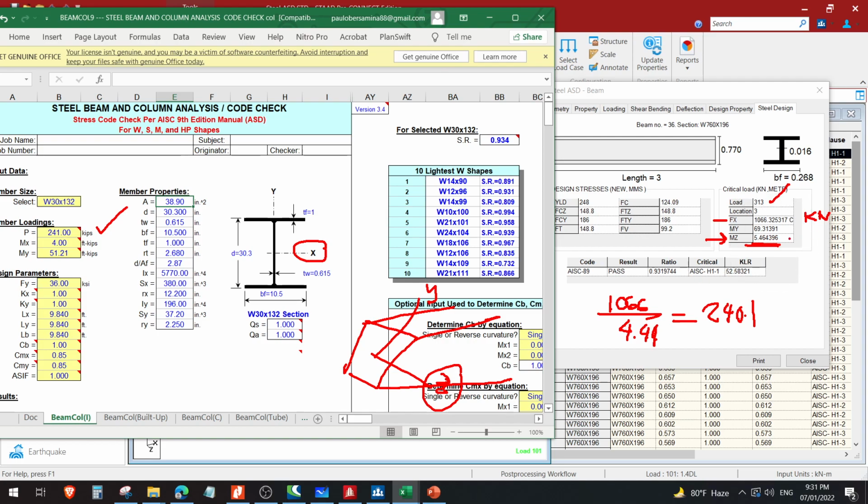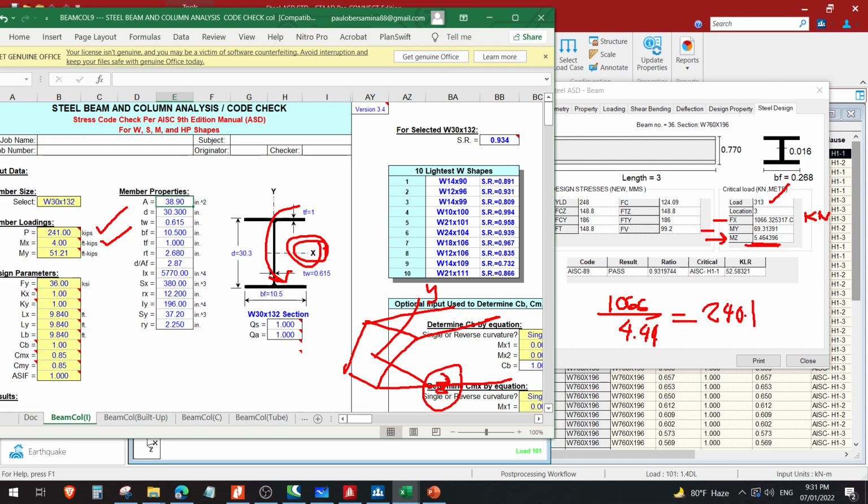So, upon converting into kip-feet, that is only 4 kip-feet. Kip-feet. So, ito yun. Nilagay ko siya sa MX. Yan, MX. Maliit lang, no? So, you can imagine, ito yung bending moment na yun. 4 kip-feet.